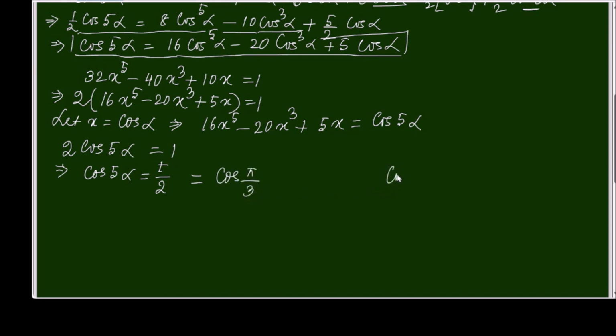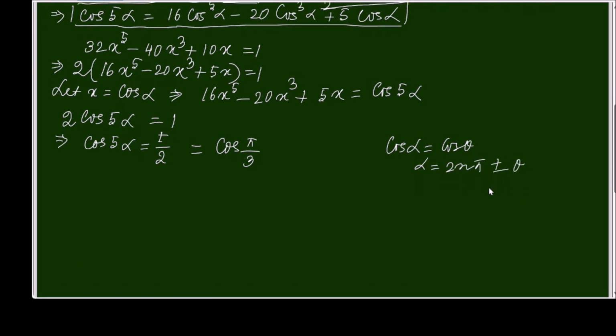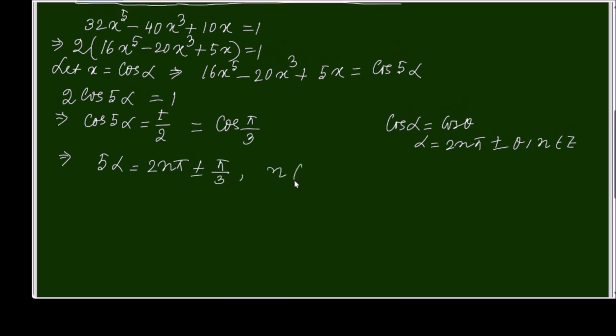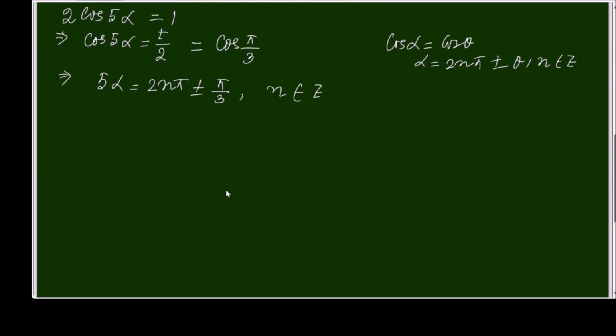We know that if cos alpha is equal to cos theta, then alpha equals 2n pi plus minus theta. So here in place of alpha it is 5 alpha. So 5 alpha equals 2n pi plus minus pi by 3, where n is an integer. Then what about alpha?